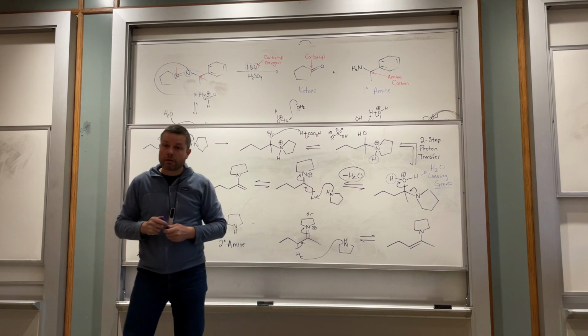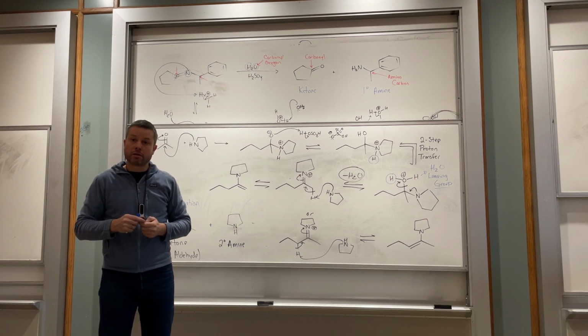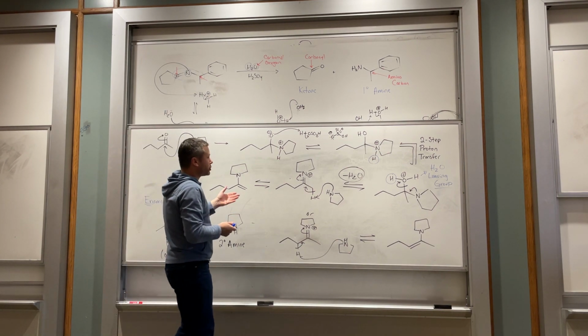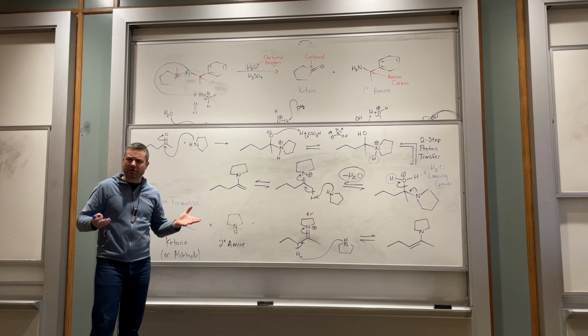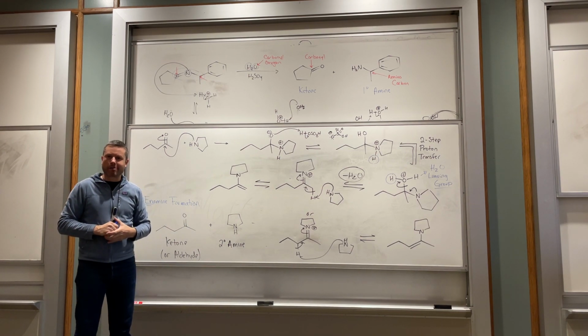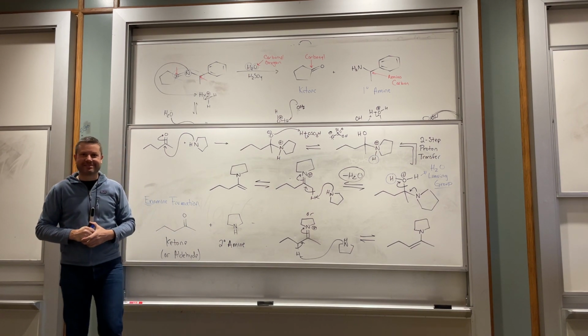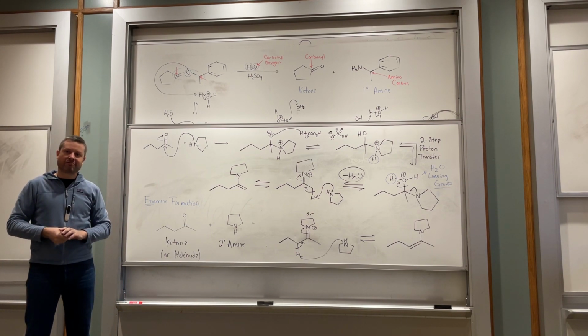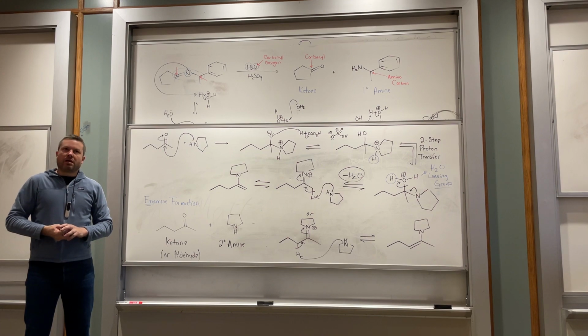For the water leaving group, since you have it broken off, wouldn't that then also be a product of the reaction? Sure, yeah. So we could show that as a product of the reaction. I mean, typically, we're not trying to make water in the lab. So we usually consider it a byproduct of the reaction, right? So it is a product, but not something we typically care about. Okay. So you don't have to necessarily show it as a product.